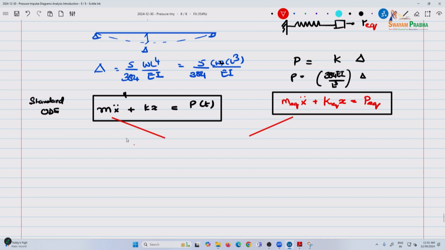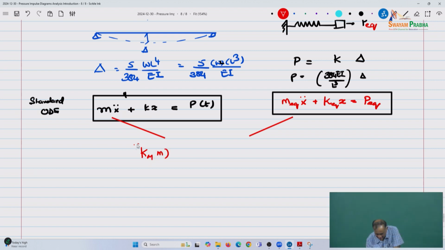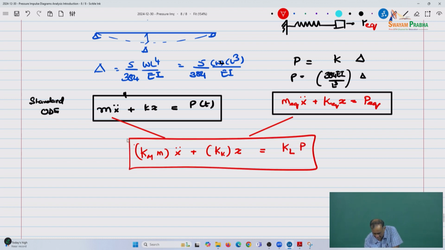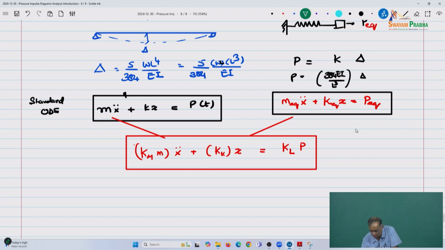Combining these two, let us say the equivalent system is Km multiplied by m x double dot plus your stiffness equivalence Kk multiplied by x is equal to the load equivalent KL multiplied by P. So here Km is the mass equivalence factor, the term Kk is your stiffness equivalence factor.